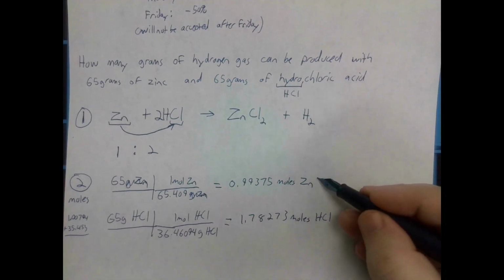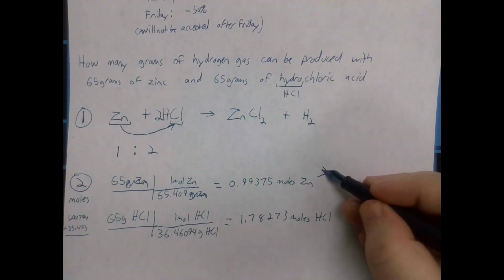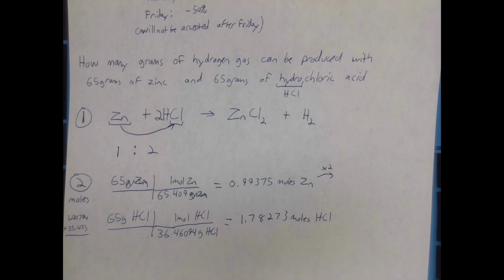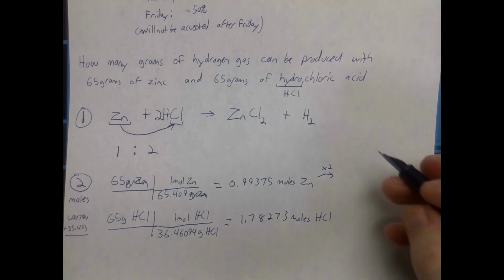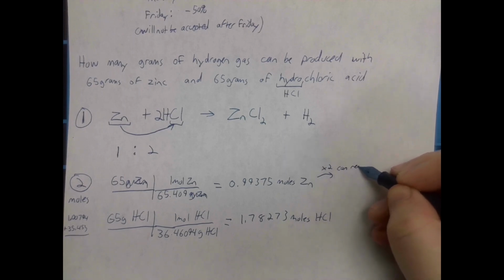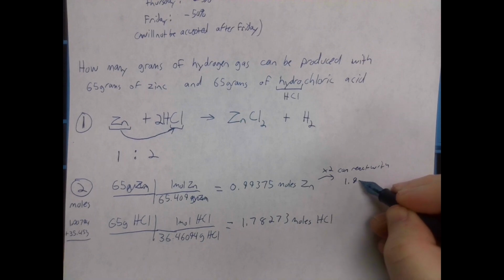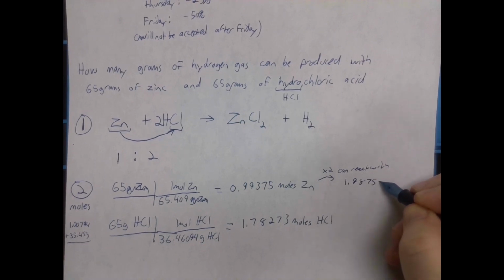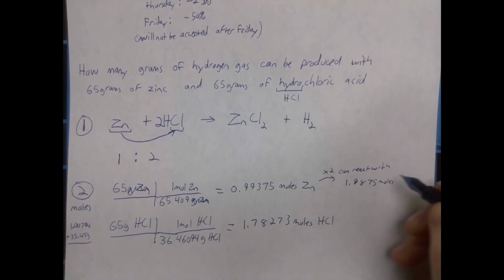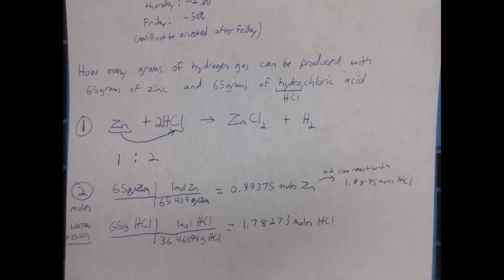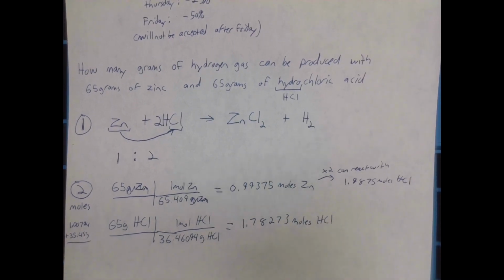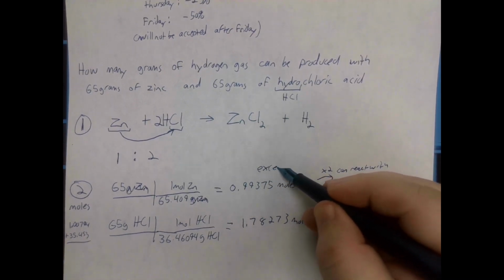So that means this can react with twice as much acid. So if I multiply it, it can react with 1.9875 moles of HCl. So we don't have that much. So this means this is in excess.